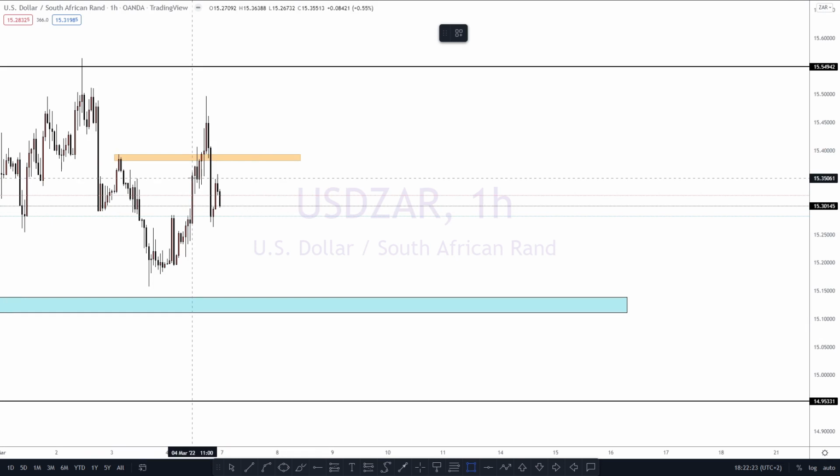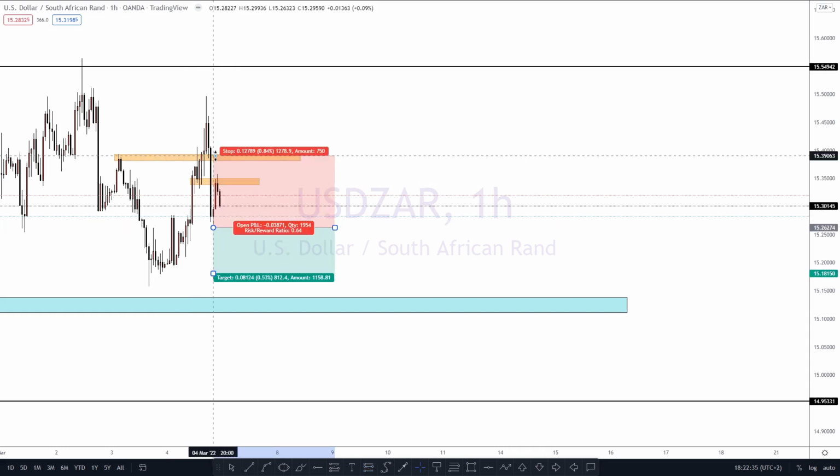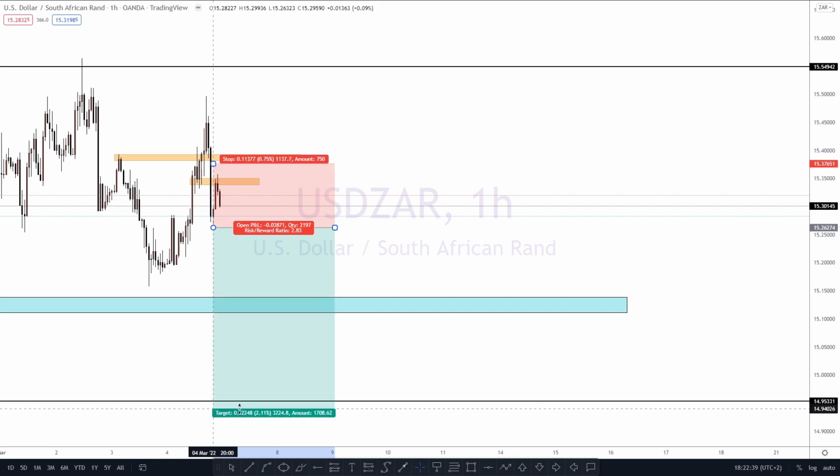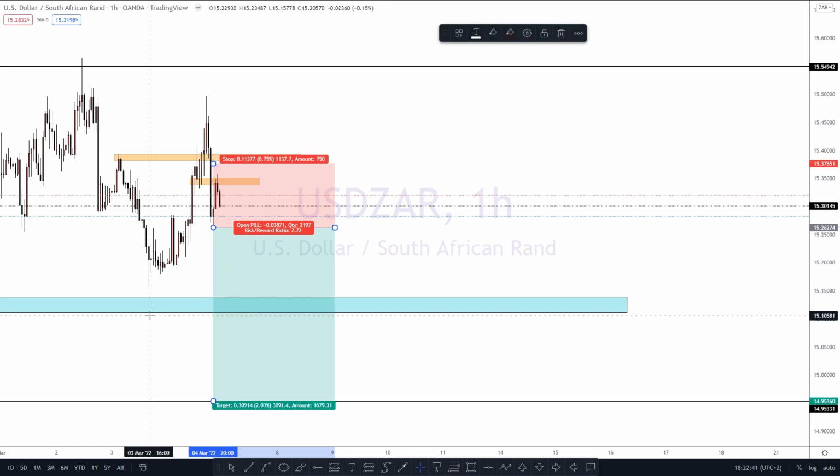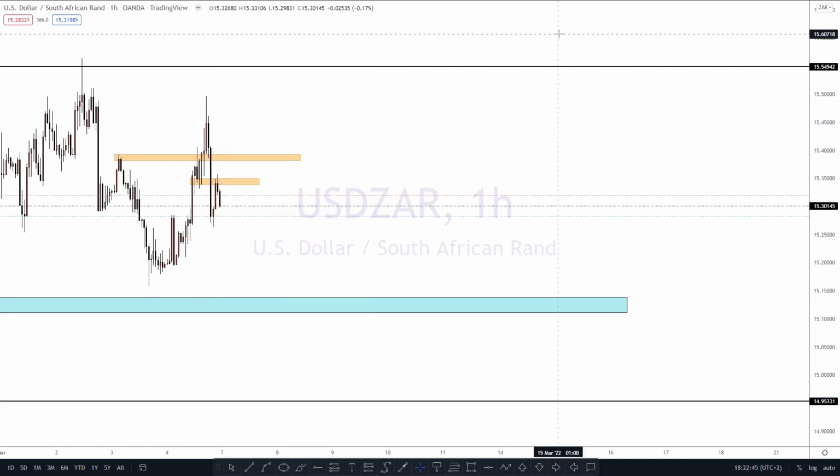What I'm seeing is this higher low that has been broken, and most probably if I do find a trade below this level that has been broken, with my stop loss at the lower high somewhere, the take profit just here is 1:2.72, and I think that's where we stop.